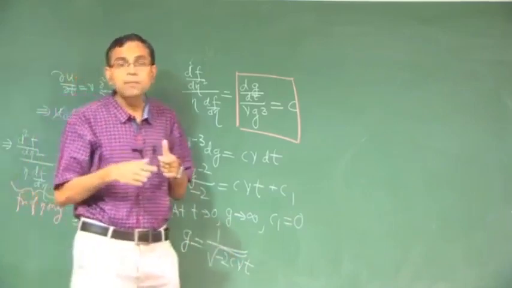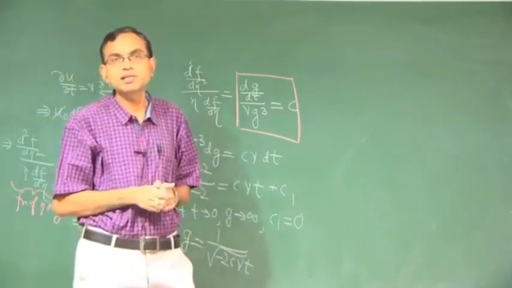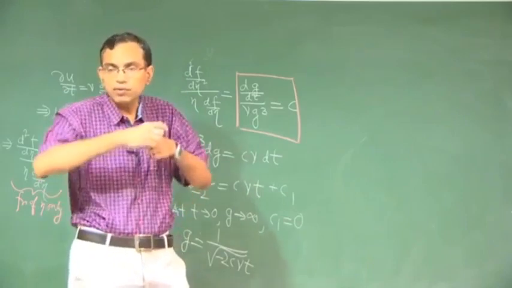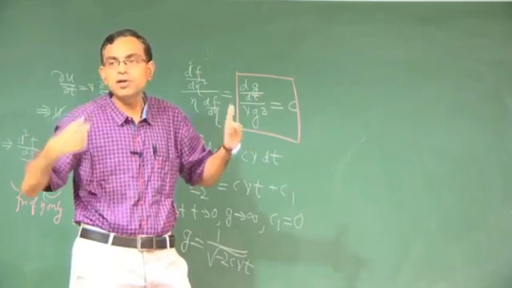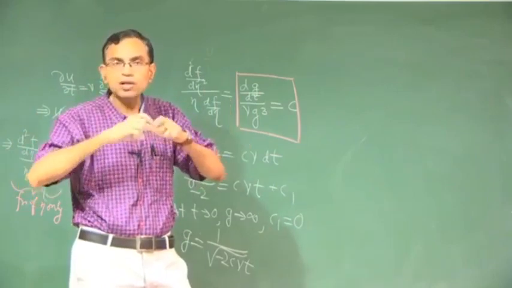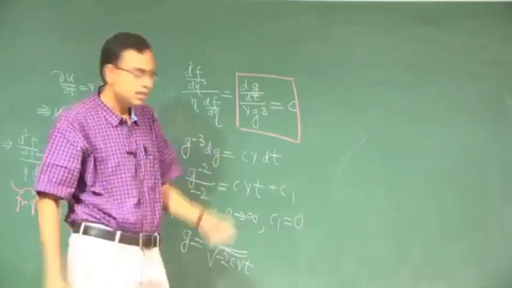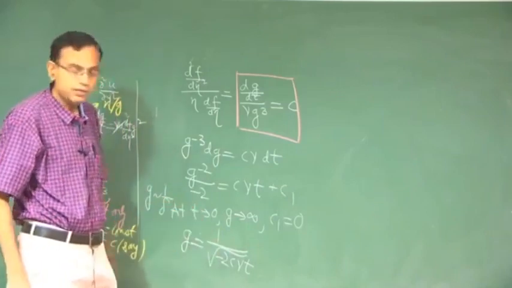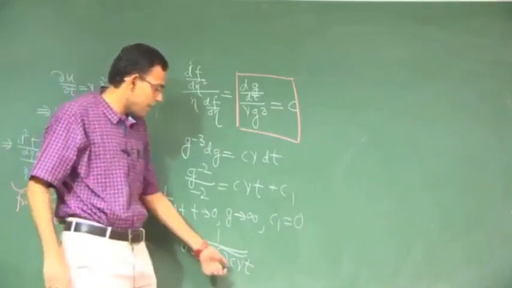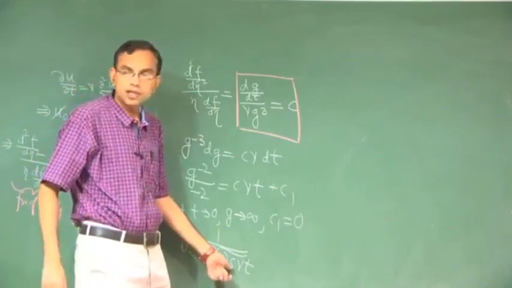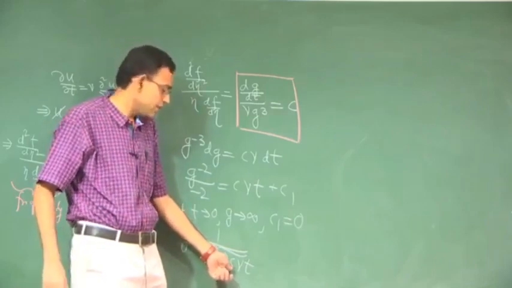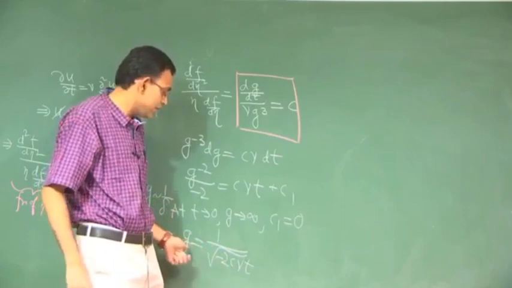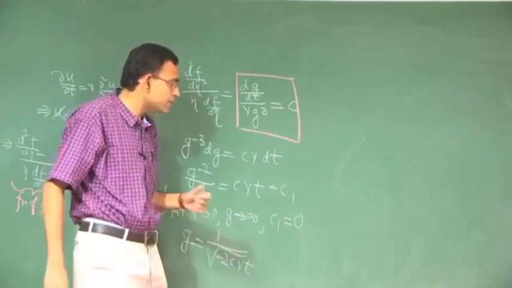So, this is the power of order of magnitude scaling analysis, that whatever could be recovered from very involved elaborate mathematics, from pure intuitive physical arguments, the same thing could be recovered. So, now what are the possible values of C? C could have a value of anything, but it has to be negative, because g has to be real. So, C must be negative.